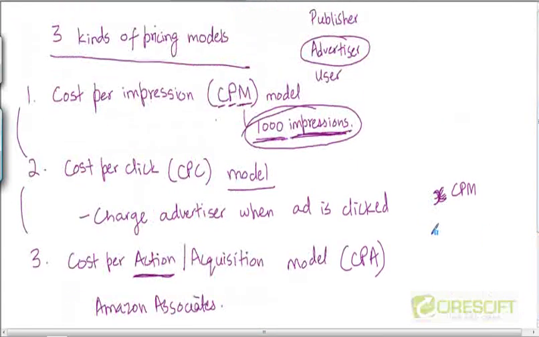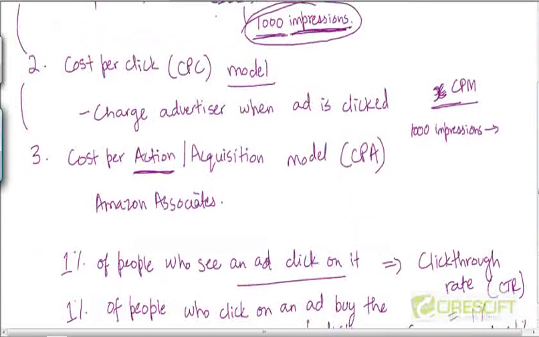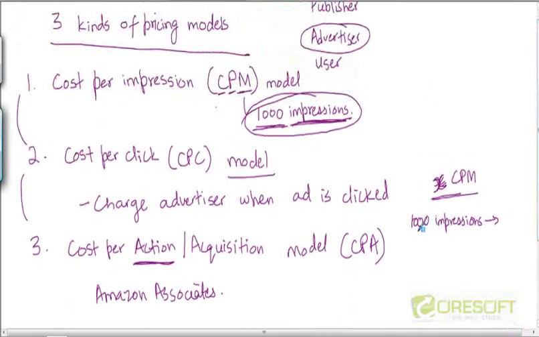Why is that? Because about every 100 impressions would result in a click, so if you pay for 100 impressions, whatever you pay, if you paid for one click, it's just the same. So you're paying X for 1,000 impressions, and among these 1,000 impressions, if the click-through rate is 1%, how many clicks are going to result?